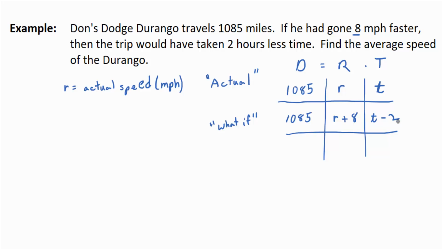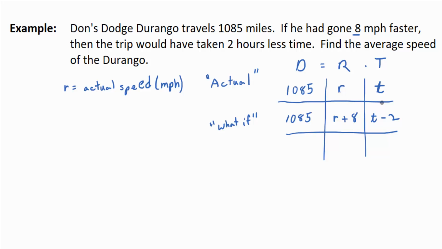So you actually have a system of 2 equations, 2 unknowns, don't you? You have 1,085 equals R times T, and you have 1,085 equals R plus 8 times the quantity T minus 2. Now, if you wrote it down that way, that'd be a difficult system to wrap your mind around.